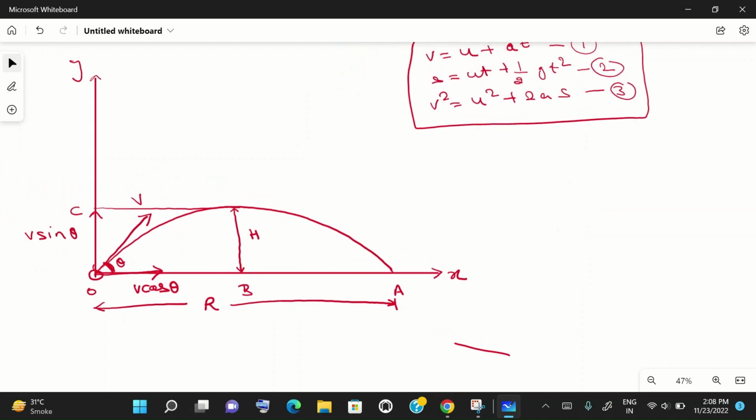Now we know that v is equal to u plus at, where v is the final velocity, u is the initial velocity of the particle, a is acceleration, and t is time.